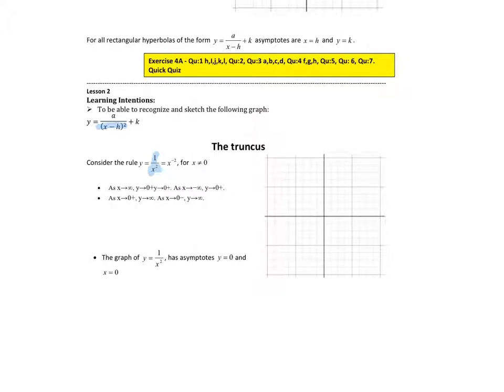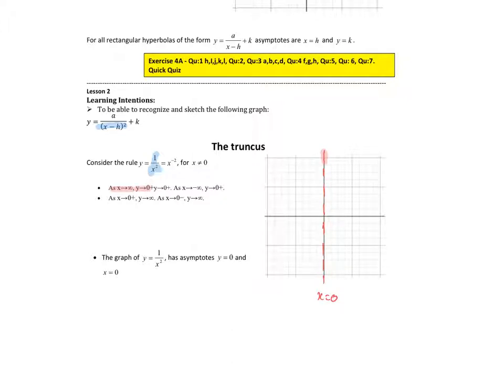So we're going to have the same sort of basic shape. That is, I can't have x equal to 0. So I'm still going to have an asymptote here because my x value can't be 0. So that's the equation of my asymptote. And same sort of thing here: as x gets really big, I get 1 over a really big number, which means y gets close to 0.